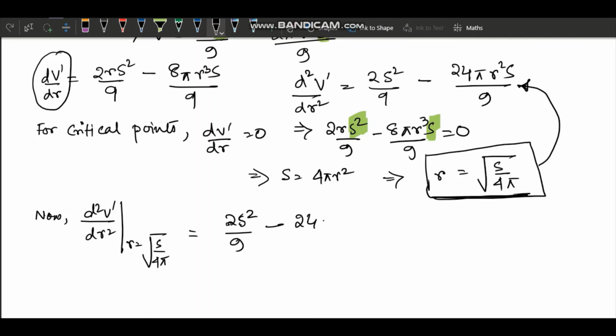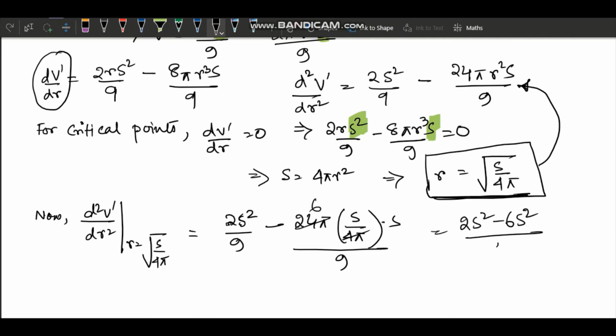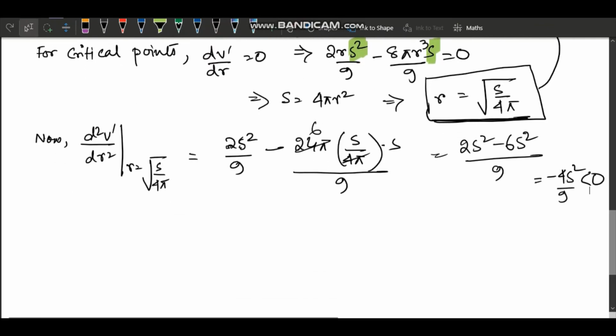So we have 24 pi r square, r square is s by 4 pi, whole by 9, and if we simplify, we are getting 2s square minus 6s square by 9, that is minus 4s square by 9, which is clearly negative. So obviously v dashed is going to be maximum at this particular value of r, that is v dashed will be maximum, rather v will be maximum when r is root over of s by 4 pi.